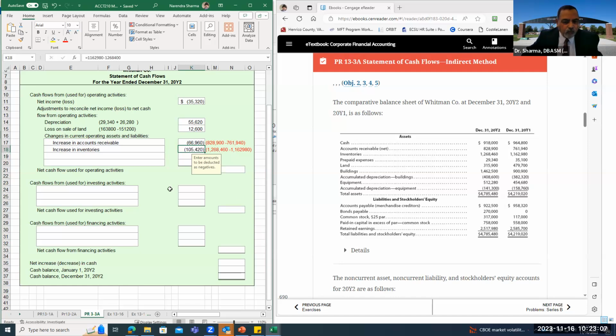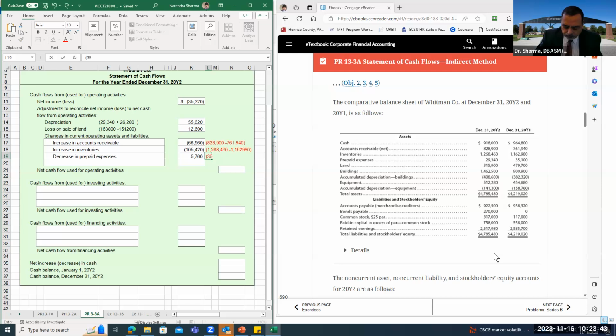Now, next thing we are looking at is prepaid expenses, and as you can see, it has decreased. So if it is a decrease, it is a positive amount. Prepaid expenses is an asset, decrease is a positive amount. So what is the amount that I will be getting? That will be 5,760. Of course, the concept is same.